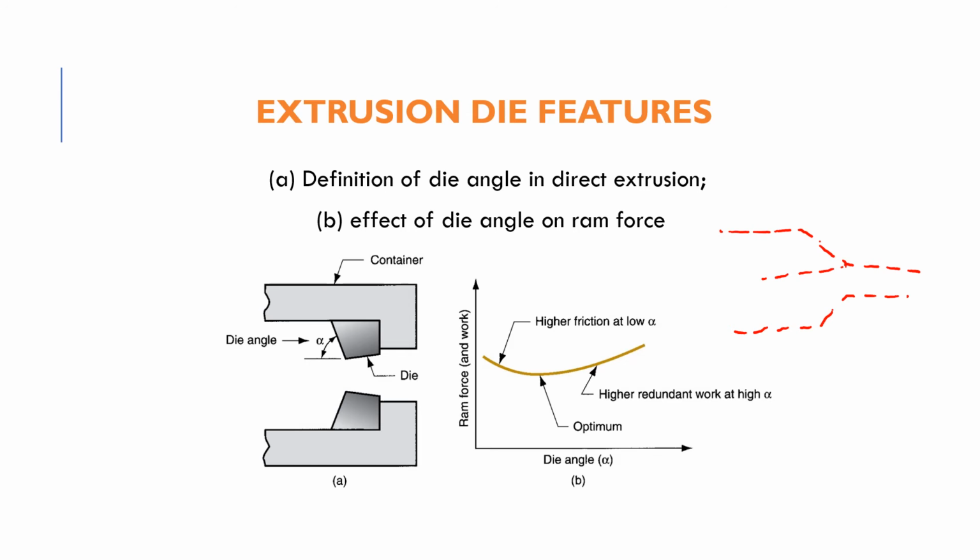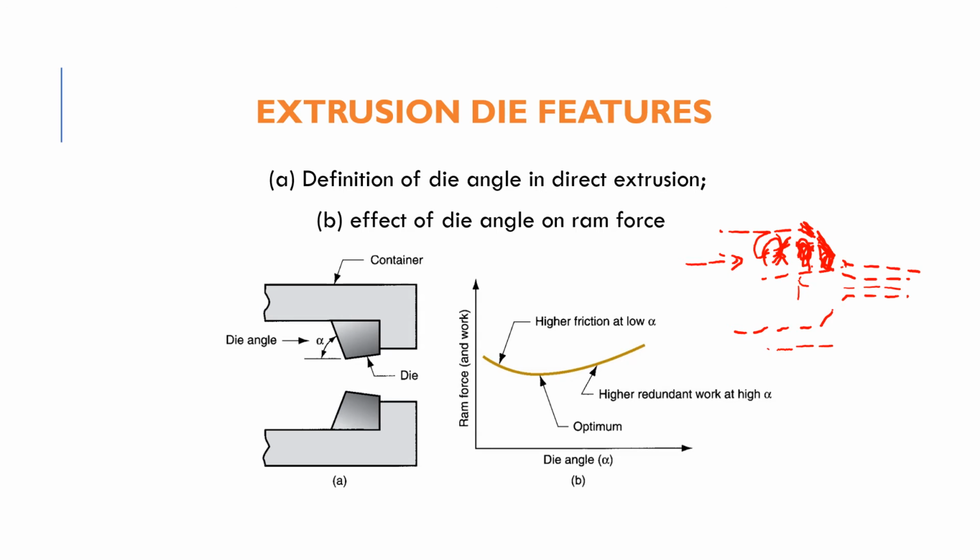Okay, so if it is big in term of the angle here, let's say the alpha is big, what happens is when the material is pushed by the ram through this area, there will be a turbulence of material in this area because the angle is too big, so that the flow of the work material into the die orifice will be very difficult. Okay, so then the ram force will be higher.